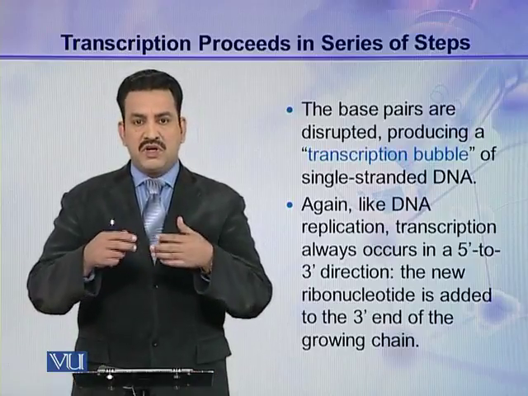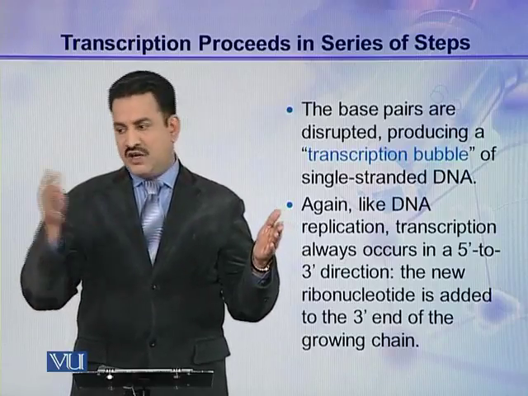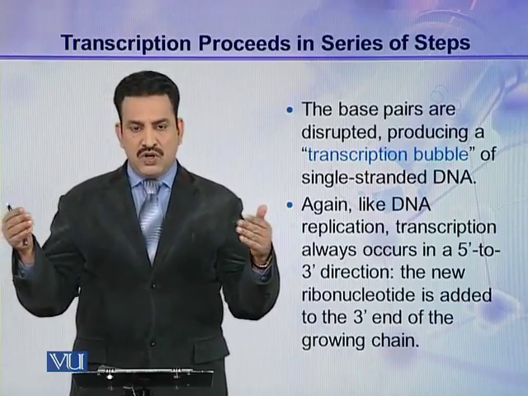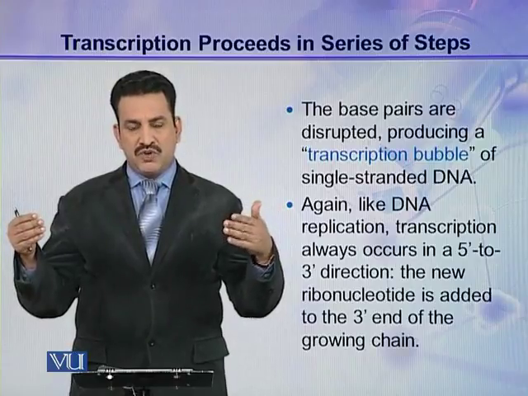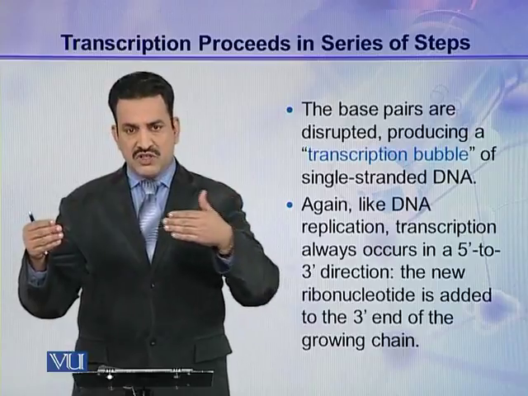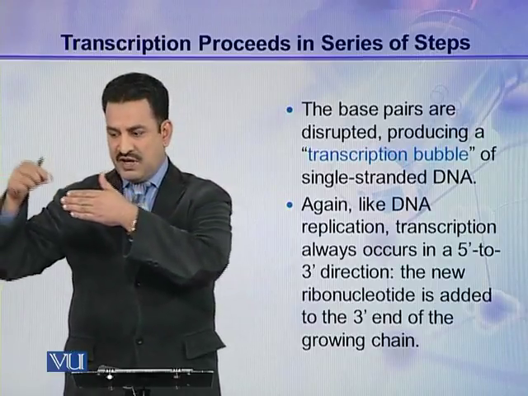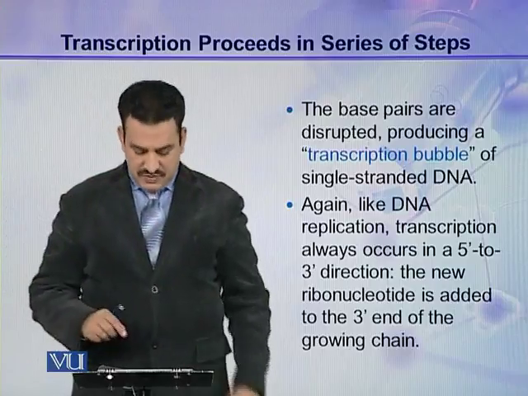So you know in DNA the polarity is 5' and 3' end. So transcription proceeds from 5' to 3' end. So it means the new nucleotides will be added at the 3' end.